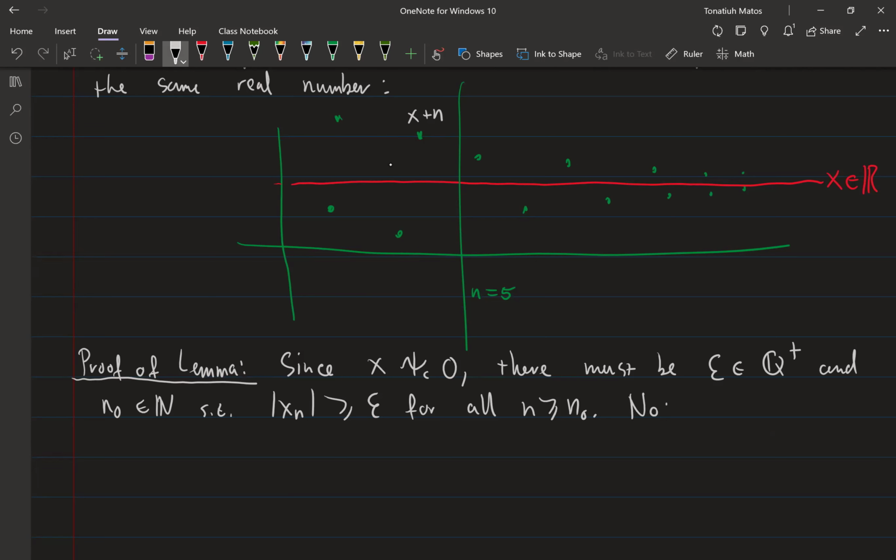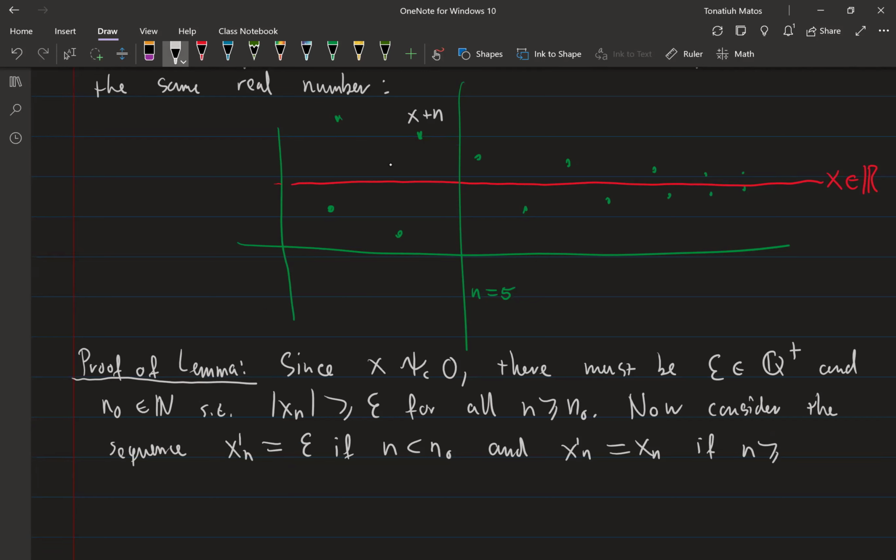So now consider the following sequence. We just consider xn', let's say, to be the constant epsilon if n comes before n0, and xn' will be the same sequence if n comes after n0.